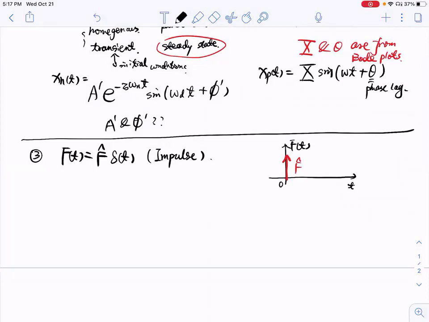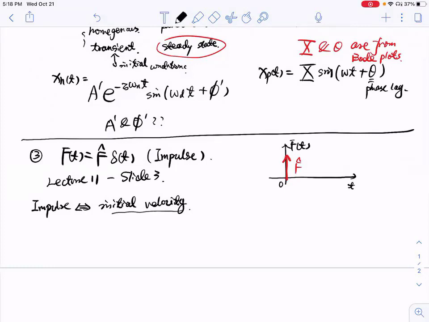So what's the response for this impulse? Details can be found in lecture 11, slide number 3. So the key point here is impulse is equivalent to initial velocity. But then remember, during the class, because this impulse is a sharp change at that time point, that initial velocity is different from x naught and v naught.